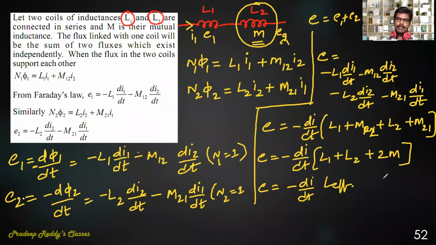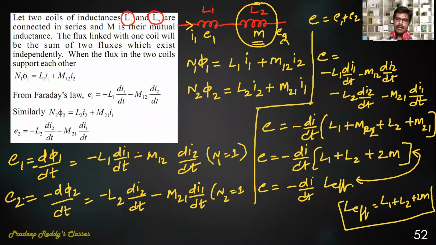If you compare these two equations, L effective will be equal to L1 plus L2 plus 2M. So when two coils are connected in series, the effective EMF will be because of self-induction as well as mutual induction. If the two coils are close, mutual induction cannot be avoided. In such cases, you need to add that 2M when two inductors are connected in series.